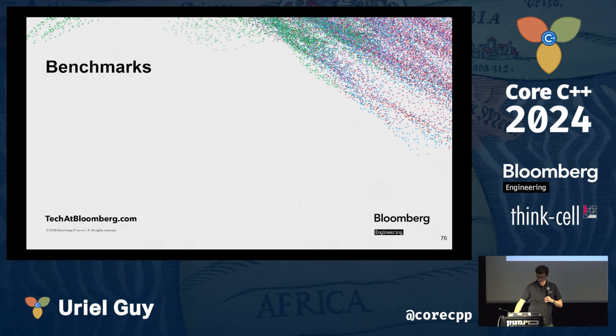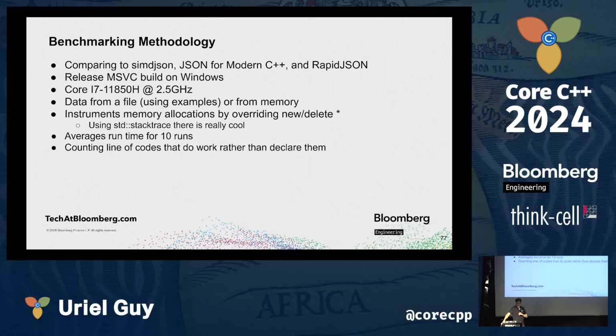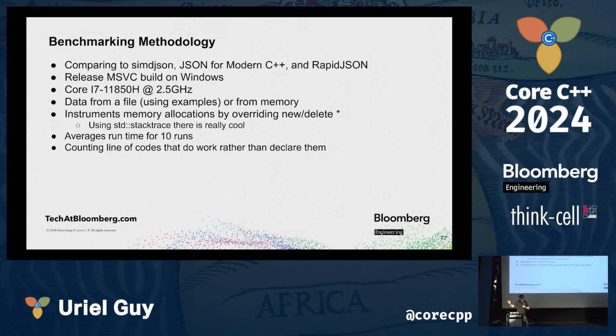So let's look at some benchmarks. The way that it was done is I wrote parsers for SIMD JSON, nlohmann, RapidJSON, and Better CPP SAX. This was tested on Windows because I was using C++26 and getting C++26 on my Linux box was a nightmare. Core i7, 2.5 gigs.